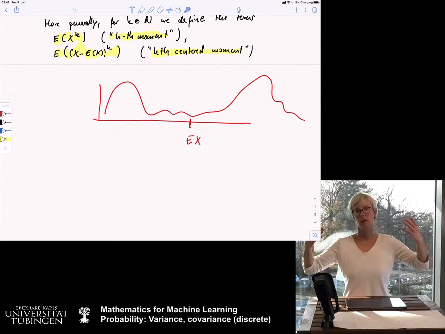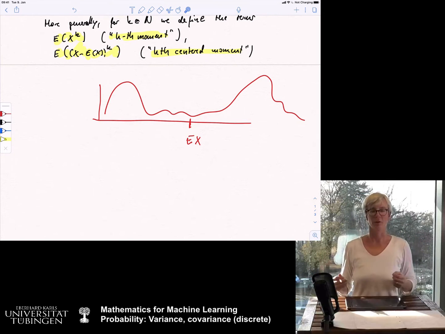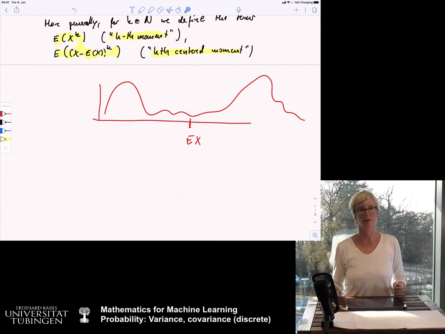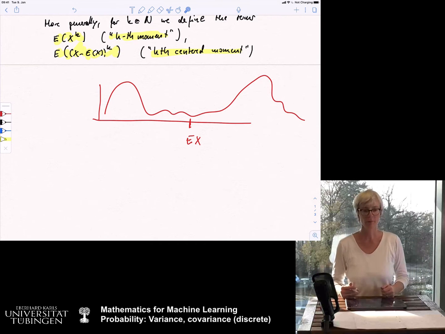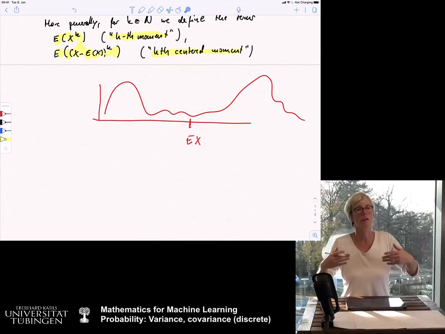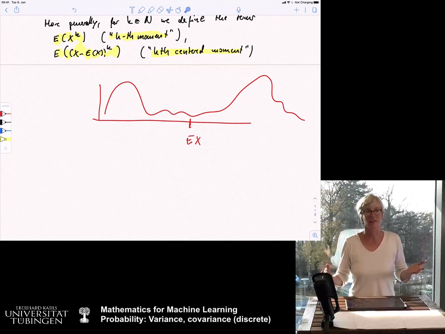But maybe what happens if you include more and higher order moments? This is the problem of moments in probability theory: if you knew in principle all the moments of a random variable, under which conditions could you reconstruct the random variable? Intuitively, it's a bit like a Taylor decomposition.